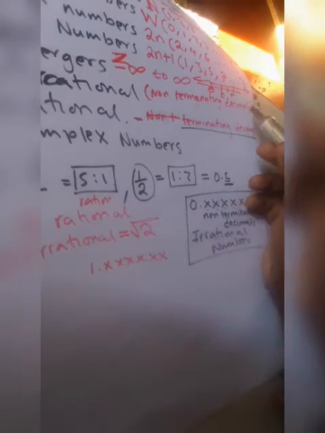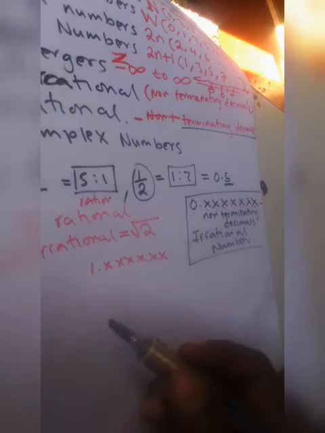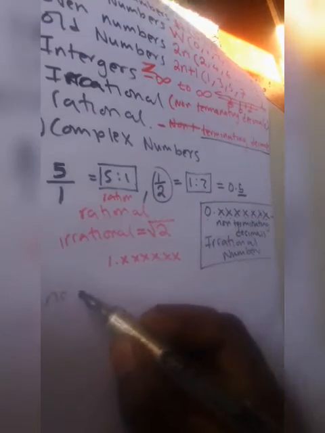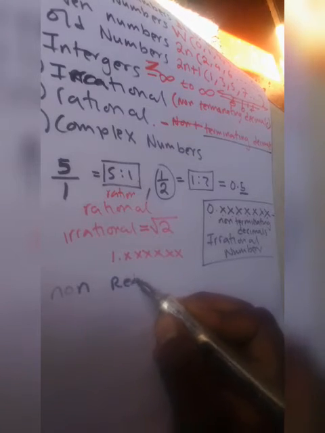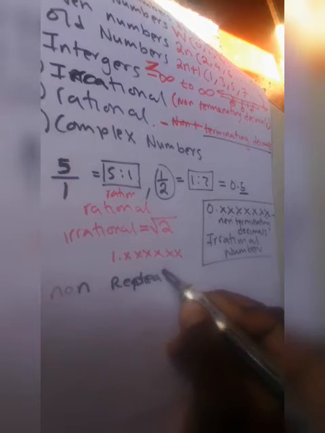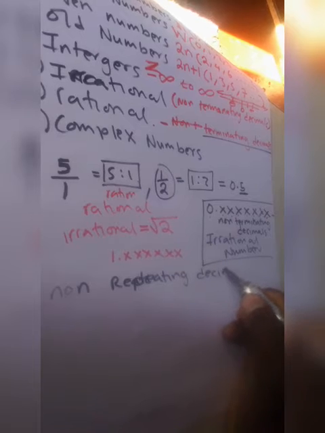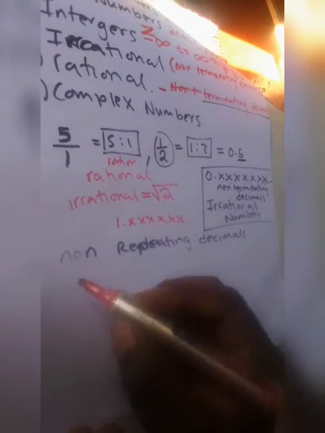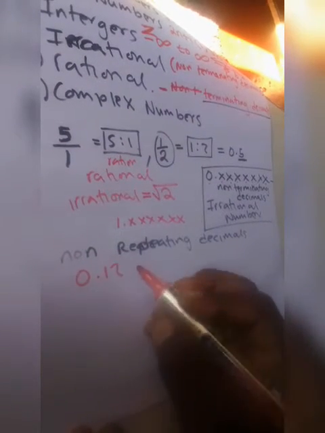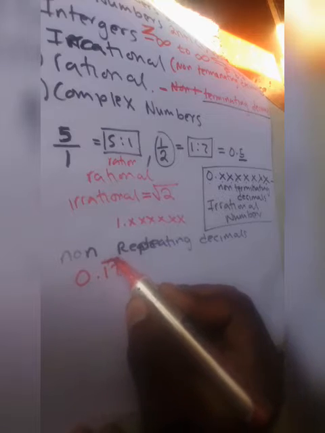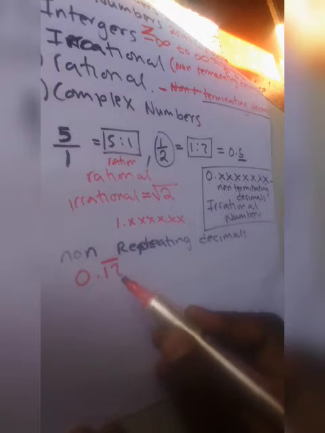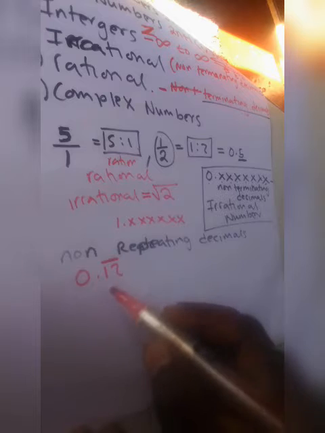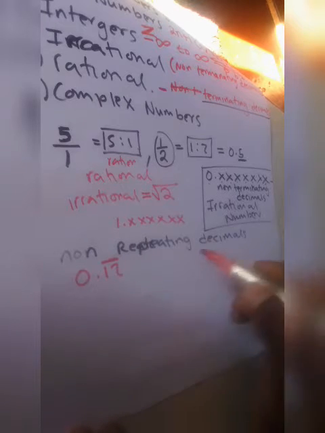Irrational numbers, I just told you that they have non-terminating decimals, but put this in mind also, they have non-repeating decimals. What do I mean when I say non-repeating decimals? This number, 0.12, when you see a bar on top of the decimals, just know that the 1, 2 is repeating itself.